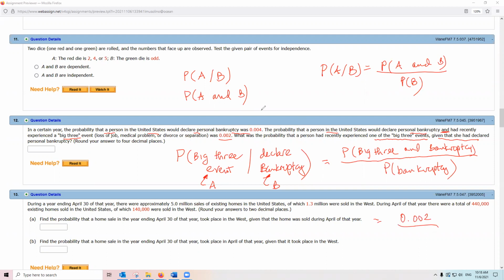The probability of bankruptcy was given in the problem as 0.004. So I can just work this out on my calculator. I think this just works out to be 0.5. All right, so I've got to just be a little careful here to carefully interpret the probabilities that they're giving me in the problem, and then think about plugging into one of the formulas here from Module 10.